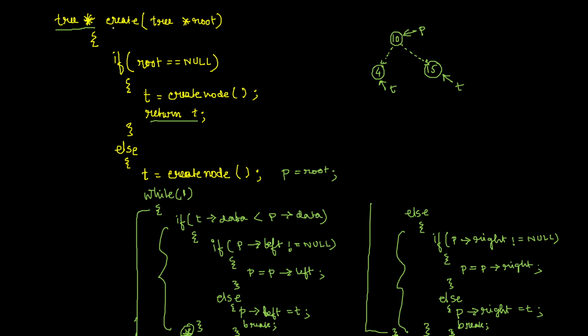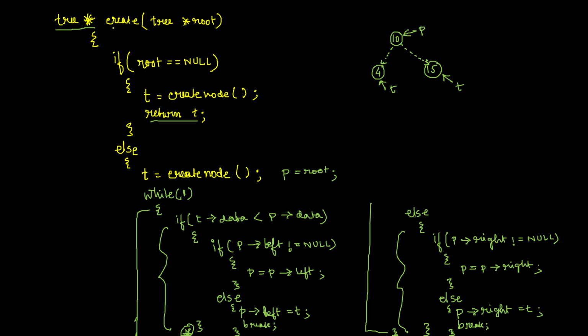And you see, this create function is actually creating only a single node. Now, after creating it, whether it will get connected with the previous node or do nothing depends upon the ith number of time the create function is being called.